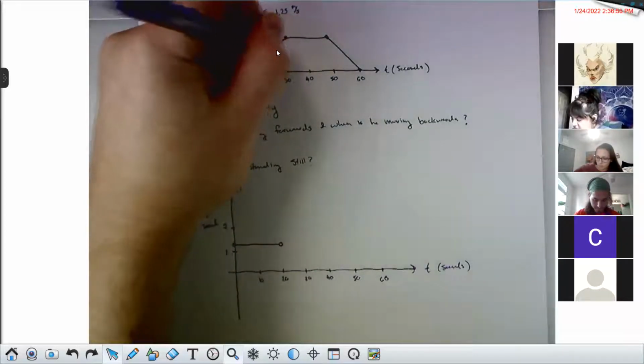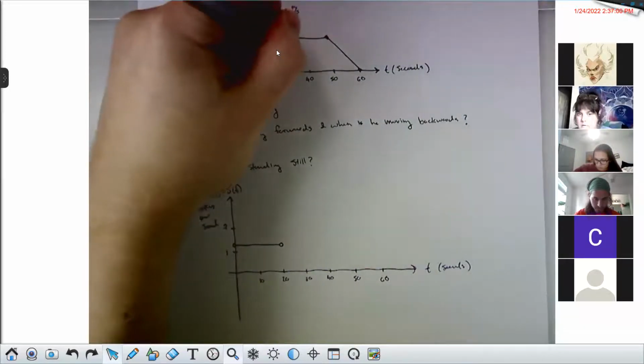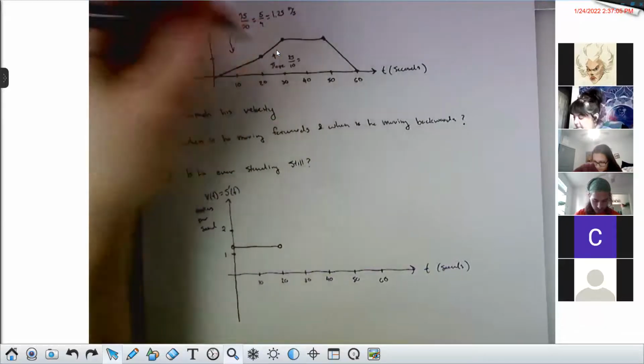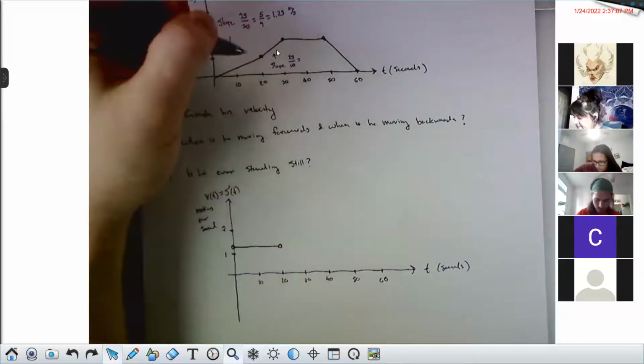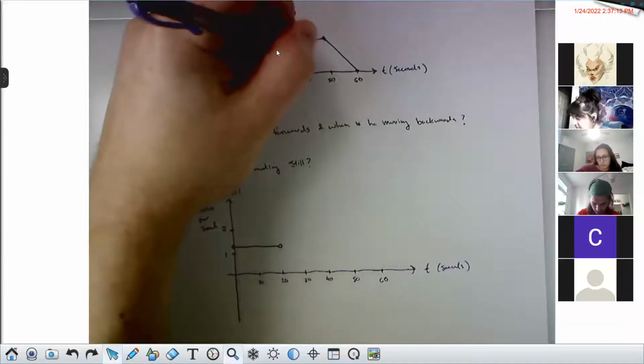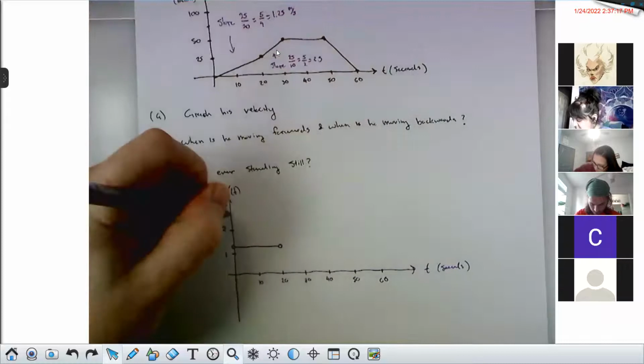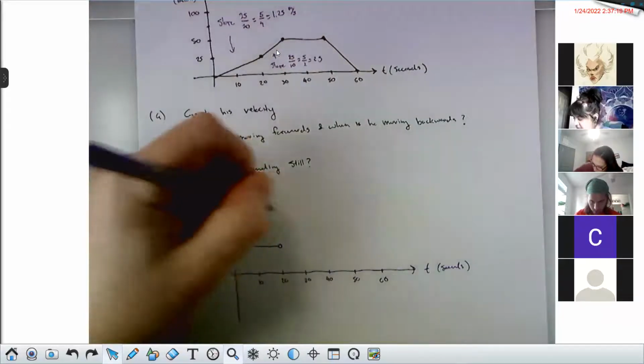So slope here is 25 tenths, right? The rise over the run. And again, both divisible by 5, that's 5 halves, which is 1.5. I'm sorry, 2.5. So we're 2.5 there.